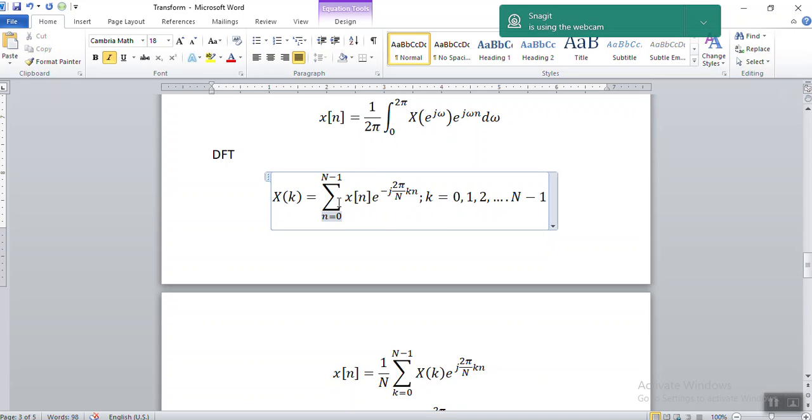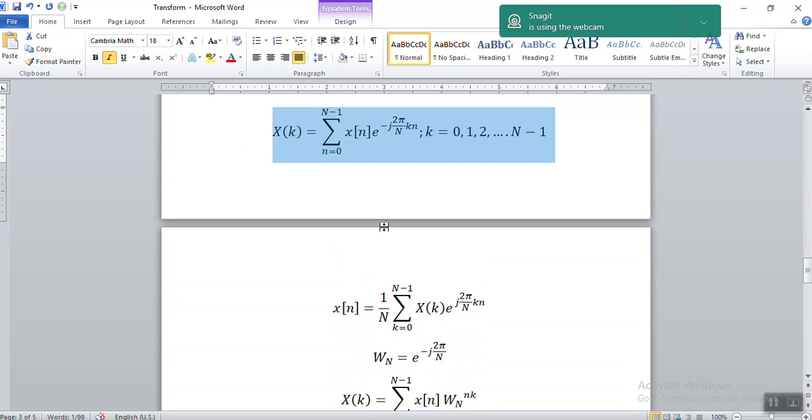So for all k, it is capital N into N minus 1 summations. Therefore, the direct computation of this DFT involves capital N square complex multiplications and capital N into N minus 1 complex additions. This is the computational complexity involved in the direct computation of the DFT.